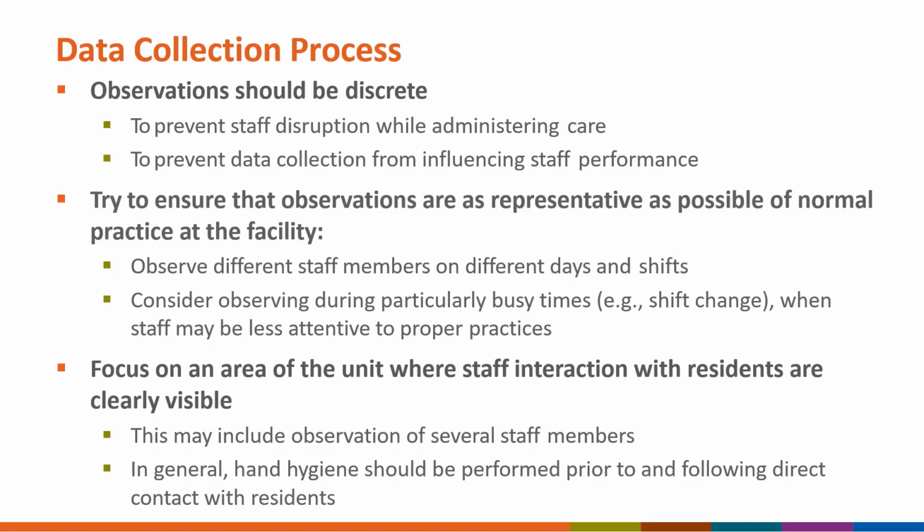We have found it useful to monitor adherence to these prevention practices by ensuring that observations should be discreet, observations are as representative as possible of normal practice at the facility, and focused on an area of unit where staff interaction with residents are clearly visible. Most importantly, this exercise should not be a punitive process, but utilized as a teaching moment.